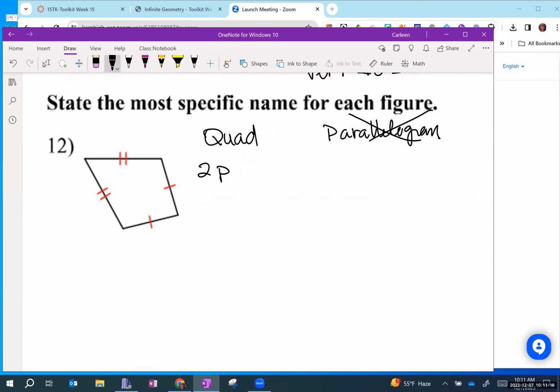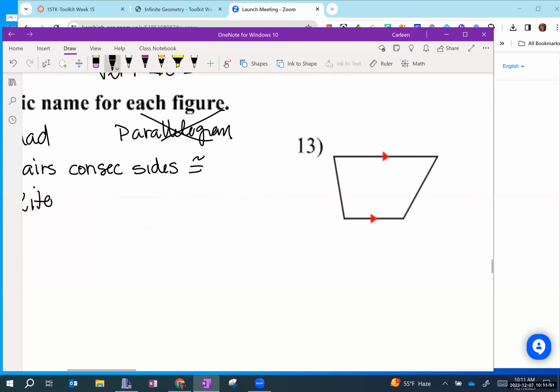So I have 2 pairs of consecutive sides congruent. So basically, if I turned it, it looks like that. Ding, ding, ding. This is a kite. Okay, it's not a parallelogram. 2 pairs of consecutive sides are congruent.